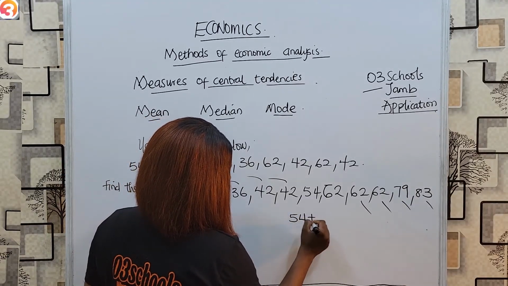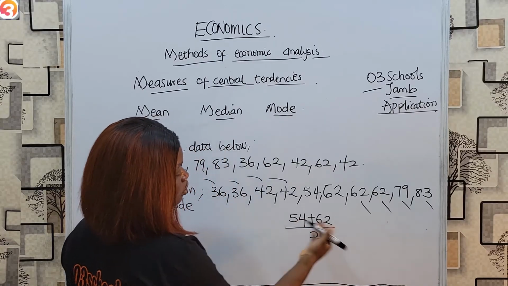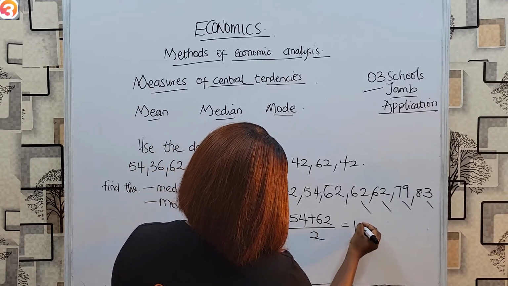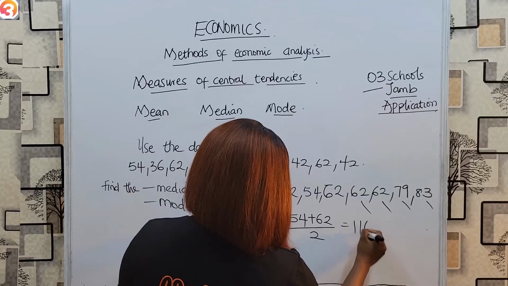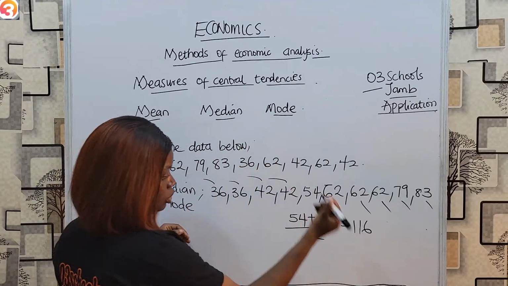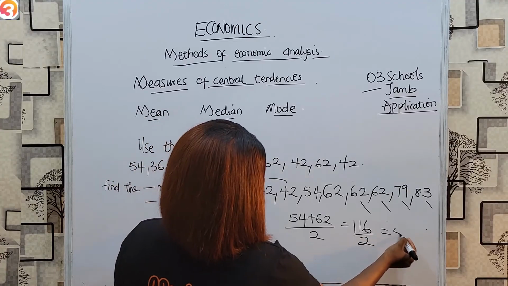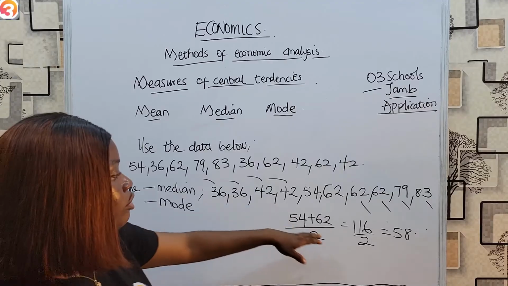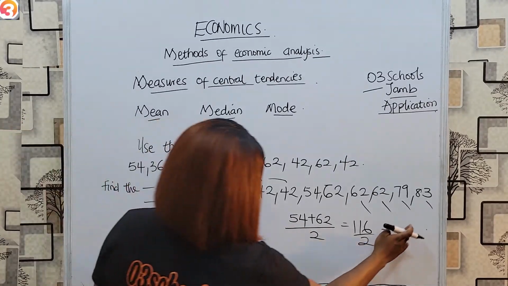So 54 plus 62 over 2. 54 plus 62 is 116. 116 divided by 2, we have 58. So the median of this data is 58.